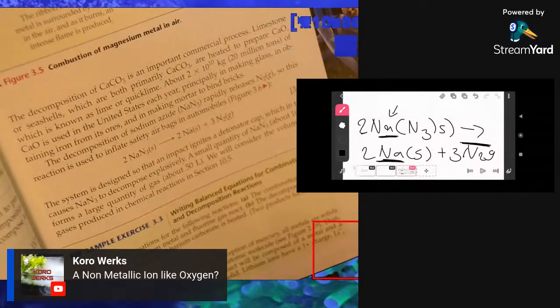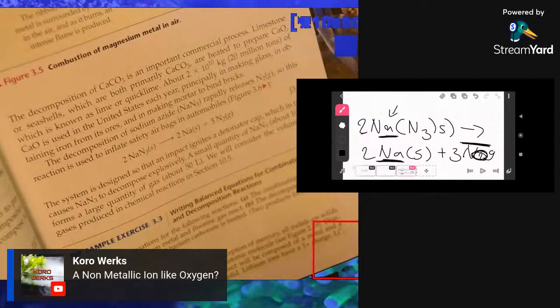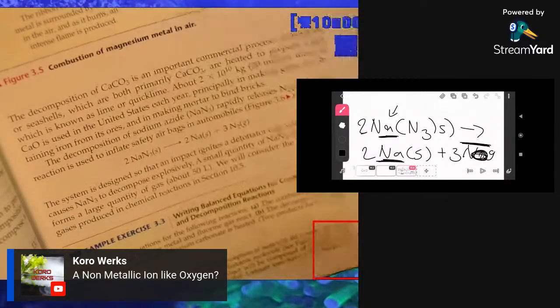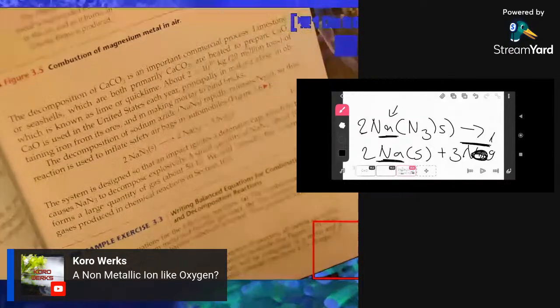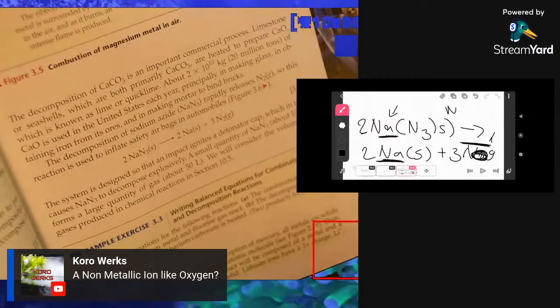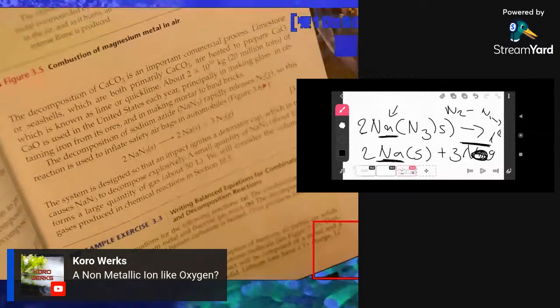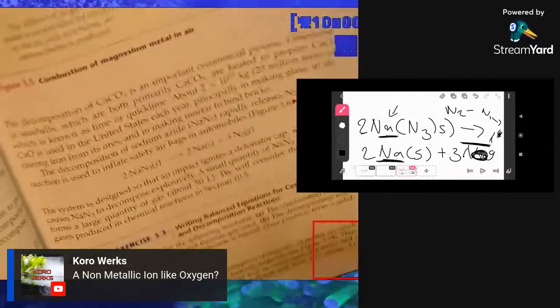And when you have nitrogen gas right here, it's really hard to unbond that molecule. So it takes a lot of energy to break that bond. I think it's because it's a triple bond, but I'm not sure. You guys got to go check the periodic table.